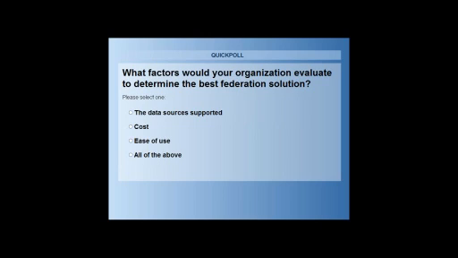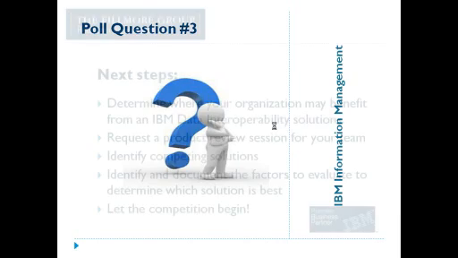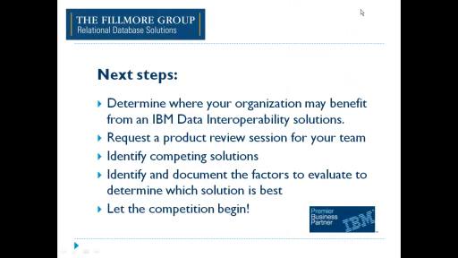So I hope the takeaway from this is that there are a lot of different factors that need to be evaluated when you're looking at any of these sorts of solutions. But it is important to prioritize what your success criteria are, and to communicate that to your vendor.